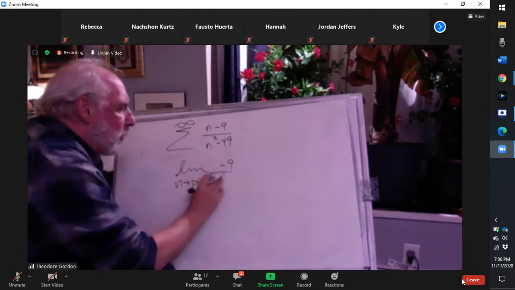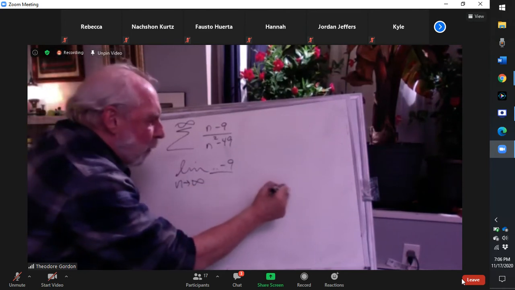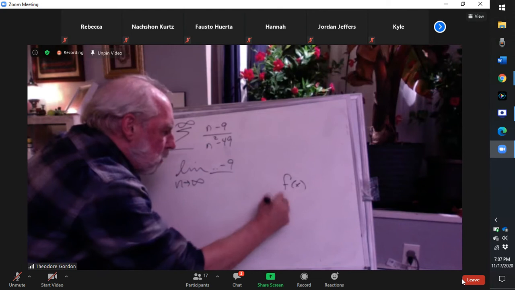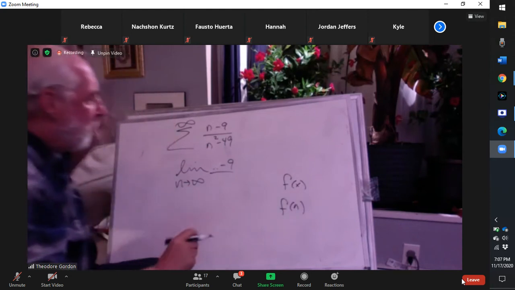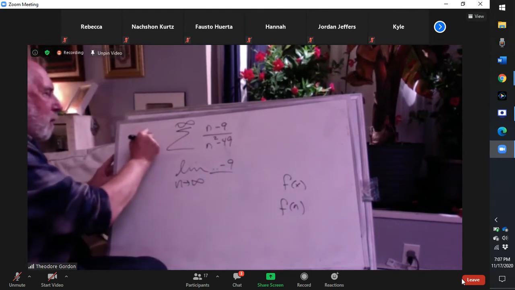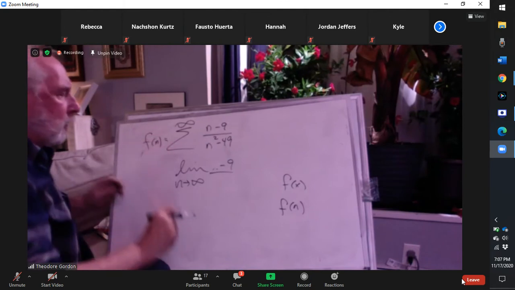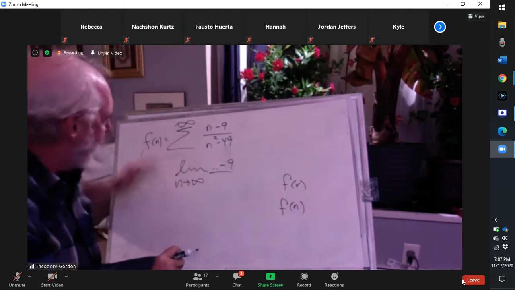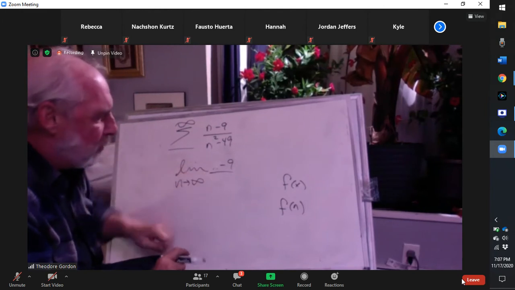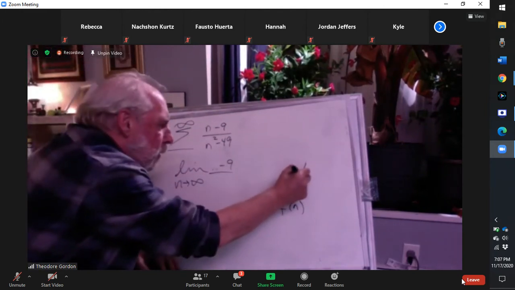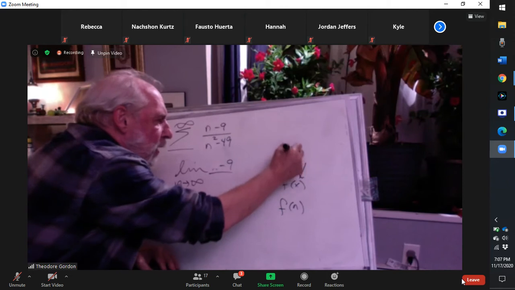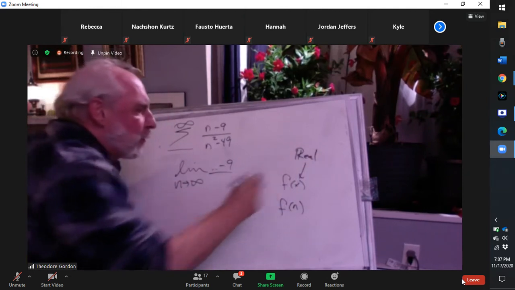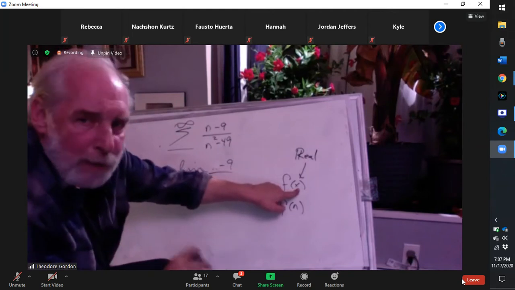Oh, by the way, the difference between n and x. These series are in fact functions, because you put one n in here, you only get one number back out. So here's the difference in notation. And here, if you see an x, that tells us that our domain are real numbers.